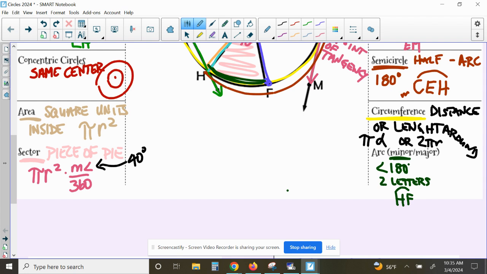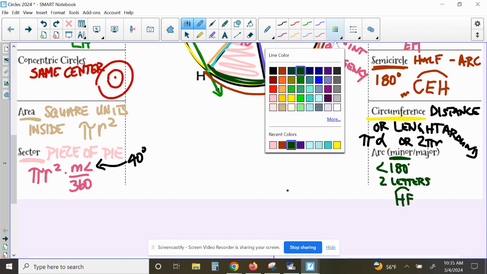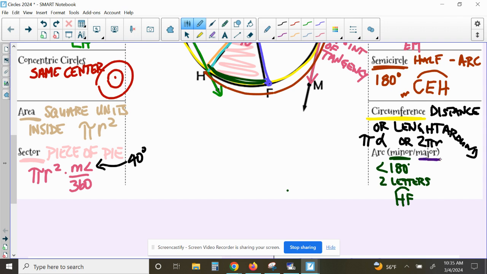Okay, I'll go with purple for my major. So what do you think a major is going to be? More. Greater than 180, so it's going more than halfway around the circle. More than 180 degrees. We have to name it with 3 letters, kind of like we just did with the half circle.